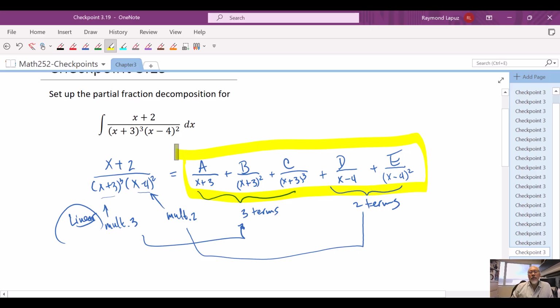So this is the beginning of the partial fraction decomposition. This is the setup. And if you were to continue on, you would be solving for 5 constants, A, B, C, D, and E. And then once you do that, you can integrate. And when you integrate these things, it looks like the term that has an A and the term that has a D would just be an ln.